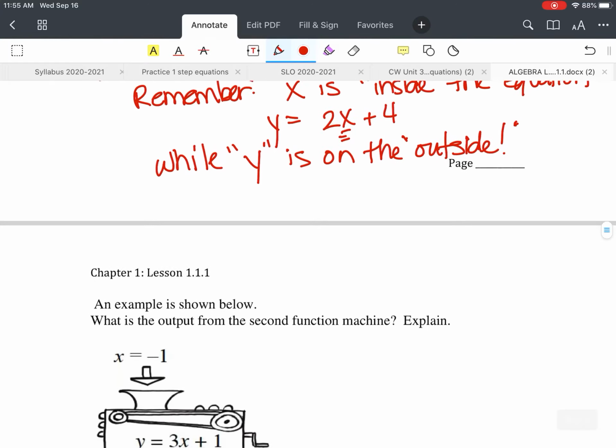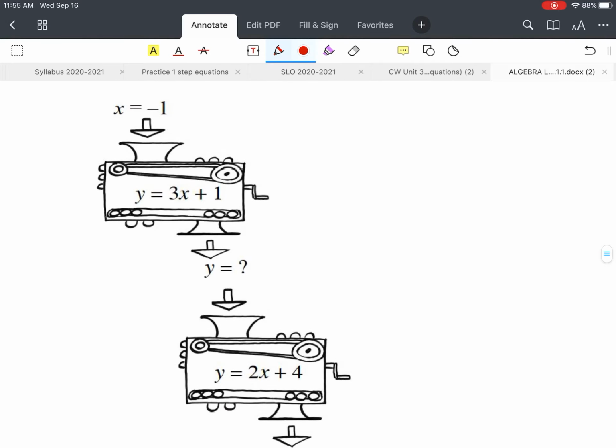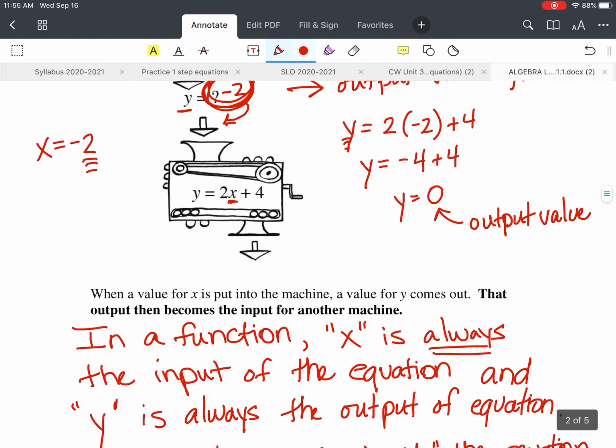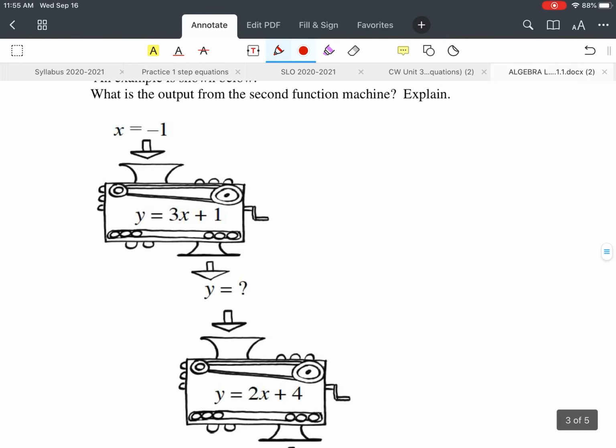All right, we're going to keep on scrolling. So now this is just a repeat of the function machines we just did. And we're just going to remind ourselves that when we put in -1, it's just the same equation that we did up here. So this was our input.